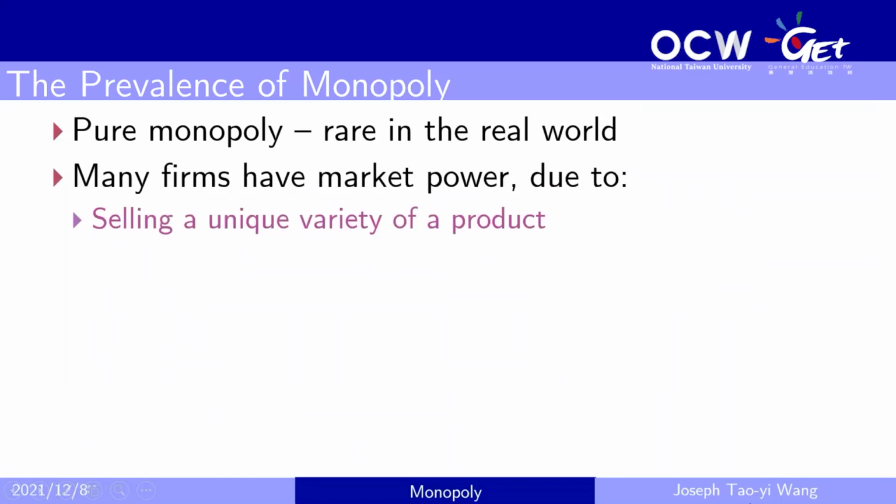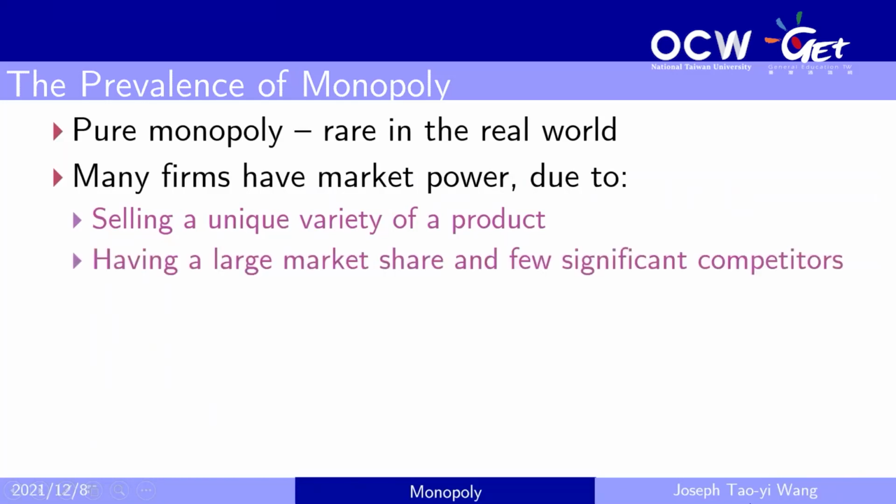But many firms do indeed have market power because they sell a unique flavor of a product. So for example, Apple does have market power because the iPhone is just different from other cell phones. The MacBook Air is just different from all the other laptops. So having a unique variety gives this company market power. And the other example is that a lot of firms actually have a large market share. So even though they're not literally a monopoly, they still have market power.